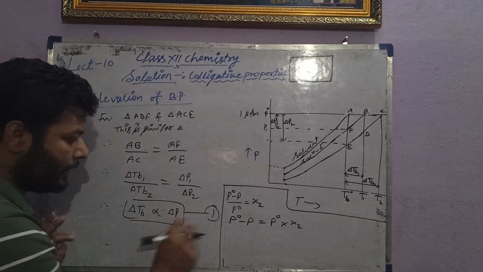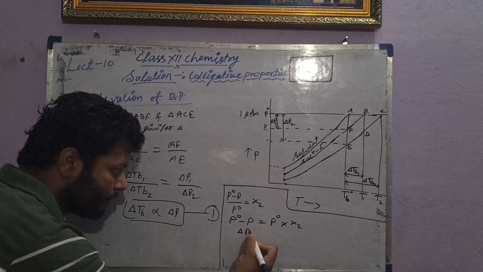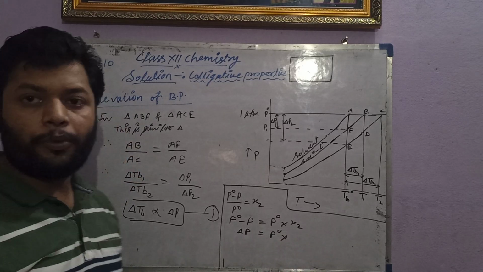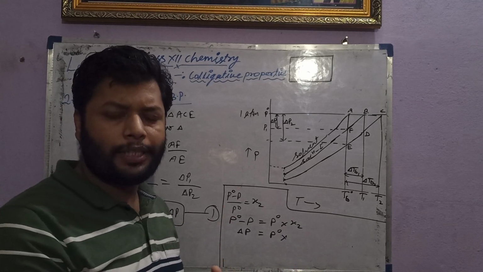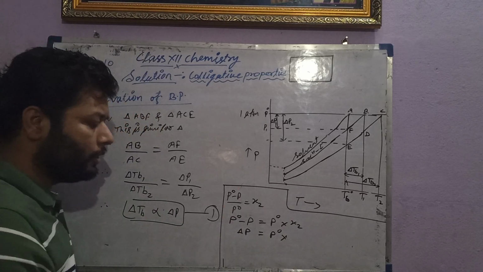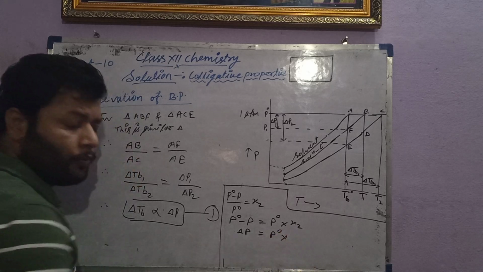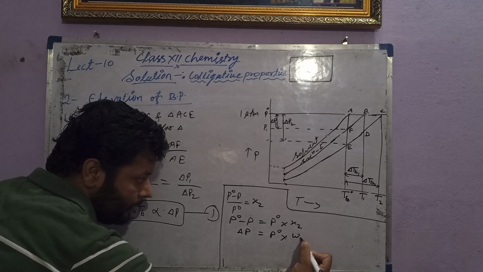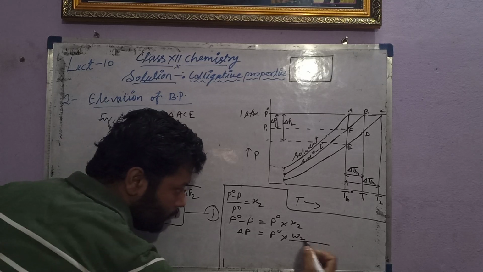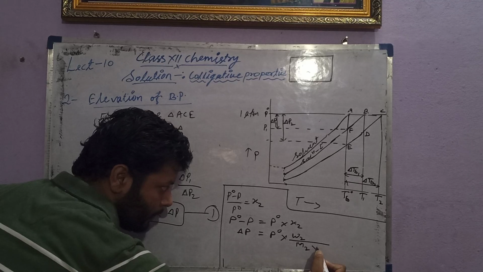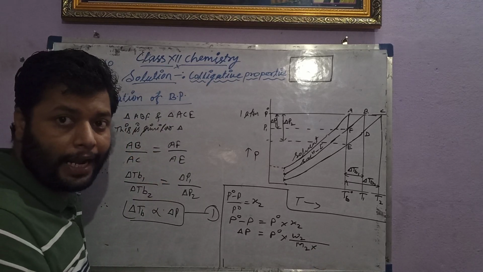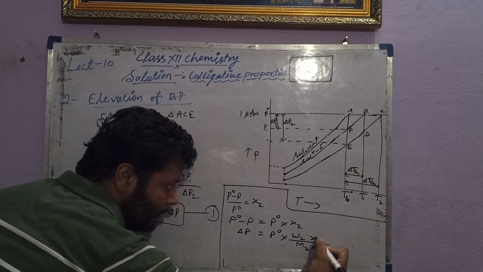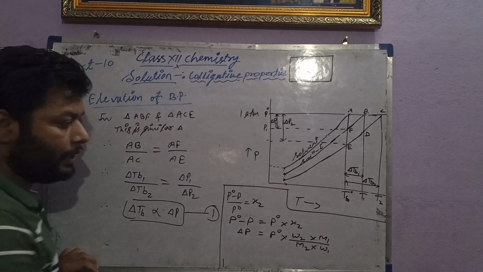P naught minus P means delta P equals P naught into X2. Suppose the solution is very dilute. In this condition, X2 will be N2 upon N1, that is W2 upon M2 into M1 upon W1. So the formula will be like this.